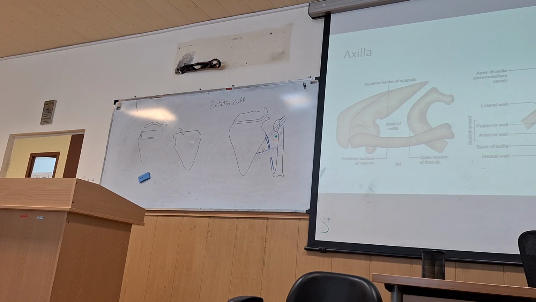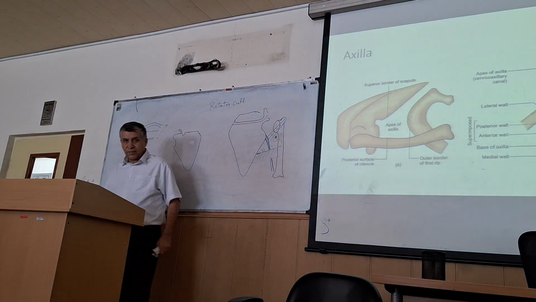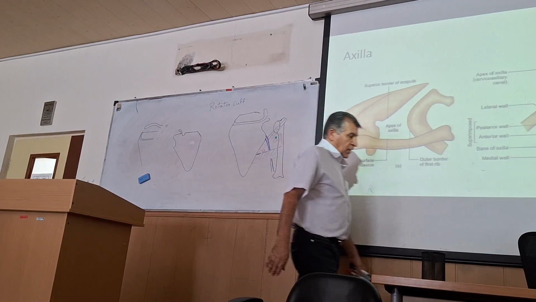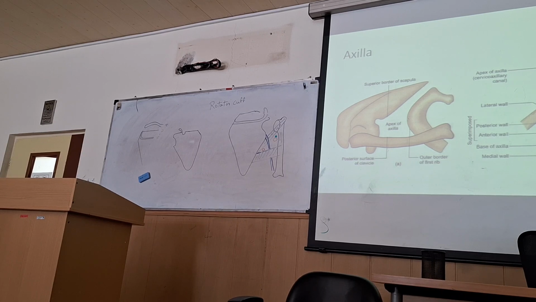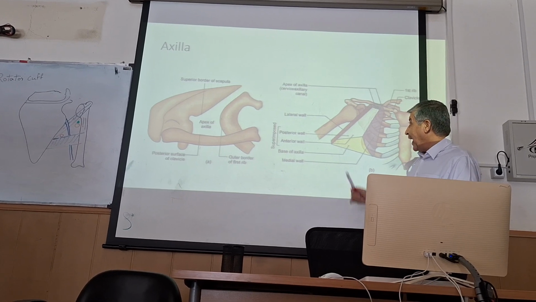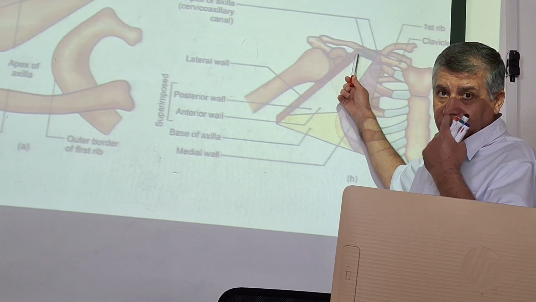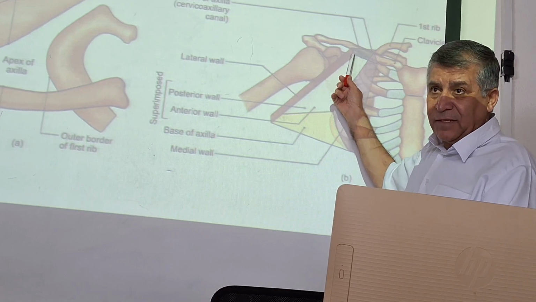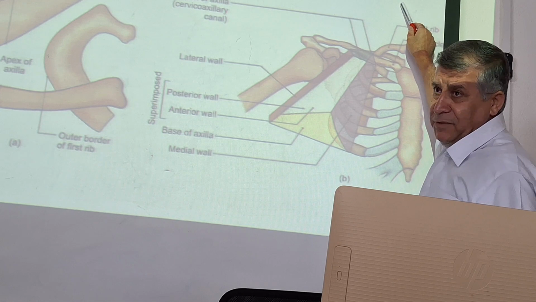In this figure you can see a schematic figure of the axillary fossa. The axillary fossa has lateral, medial, posterior, and anterior walls, and an apex. The apex connects the axillary fossa to the neck.